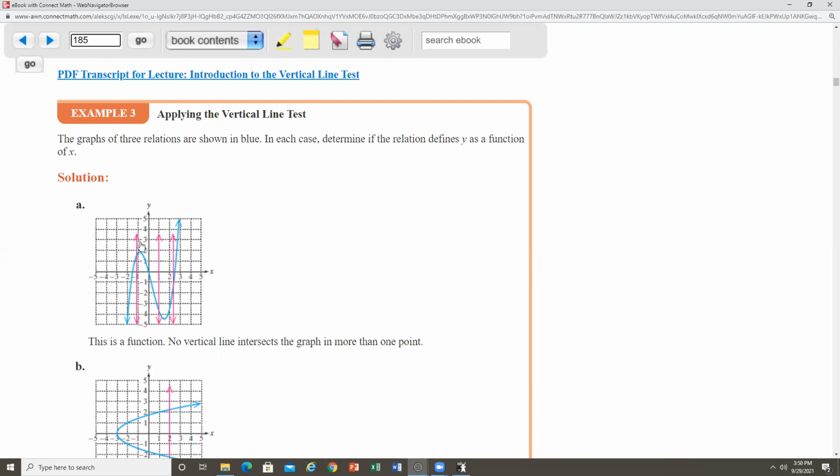If your vertical line touches the graph at most 1 point, then your relation is a function. Do you agree it doesn't matter where I put a vertical line in the XY plane, it will intersect the graph at most 1 point? Do we see that? Yes. So ladies and gentlemen, we say this graph passes the vertical line test. So this would be an example of a function.